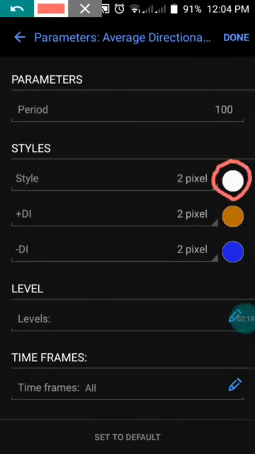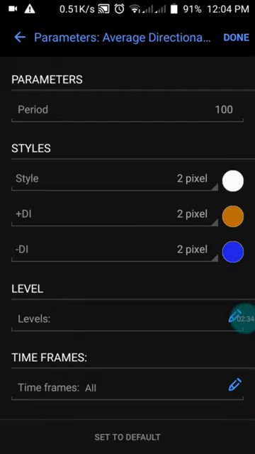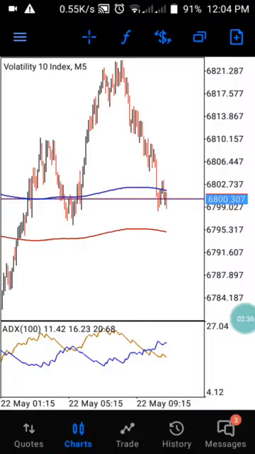You can choose any color for the others, but this one must be your background color. If you are using black as your background, make sure you have black at this particular area too. Then you press Done and move to your main chart.